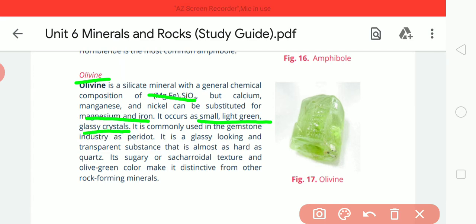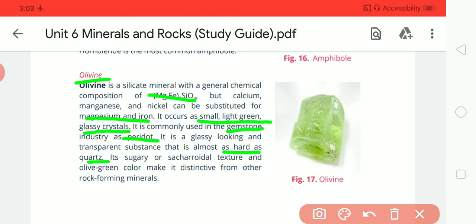It is commonly used in the gemstone industry as peridot. It is a glassy looking and transparent substance that is almost as hard as quartz.